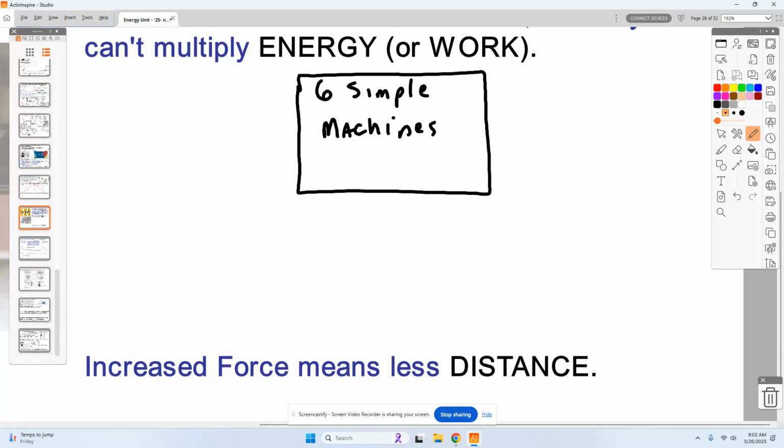There's an input side to these, so let's go ahead and draw an input arrow. The input arrow represents work done on the input side. What a machine does is allow you to do work on the input side, and that machine will transform that into output work.